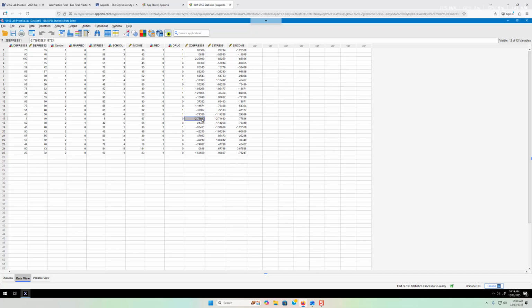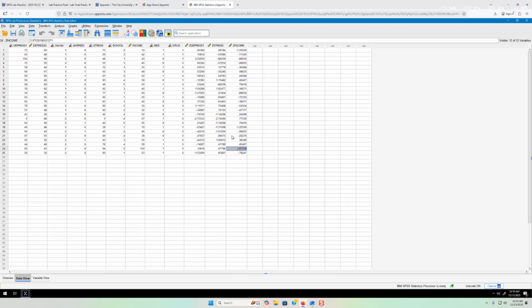Here's an outlier, more extreme than negative 2.58. That's case 17 for depression. We see the same thing for case 17 for stress, also an outlier. And for income, the outlier is down here at case 24.